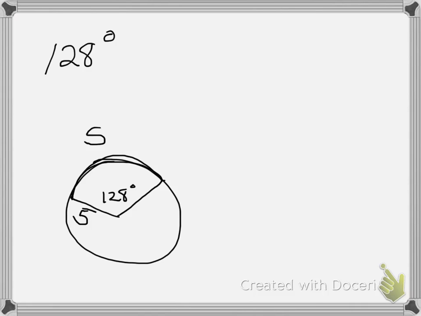Okay, now if you go back and remember, I told you that it has to be in radians. And notice this angle is not in radians. So we are going to have to convert the central angle of 28 degrees to radians. So I want to do 28 degrees over 1. I want degrees to go away, so I want to put it over 180 on the bottom and pi.